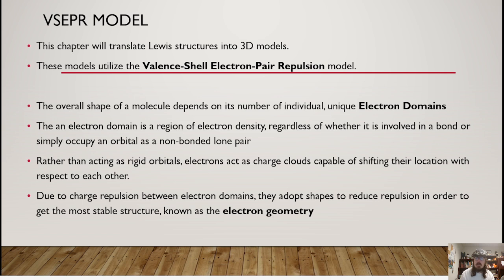I know the electrons are capable of moving within that little probabilistic region of cloud, but we're going to treat these like a kind of stationary arm, the place where I'm holding on to something and moving it around. Now, normally these orbitals, like the S, the P, the D orbitals, are rigid and located in space.